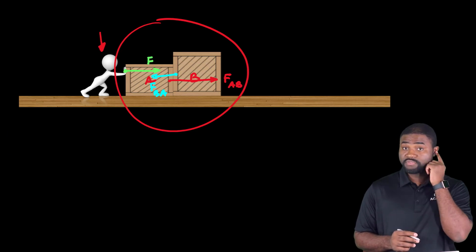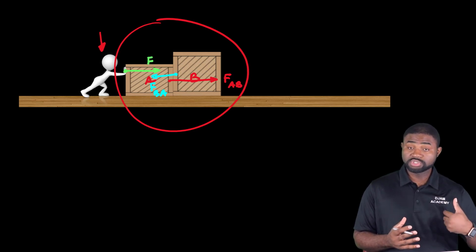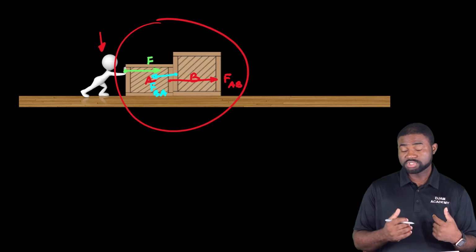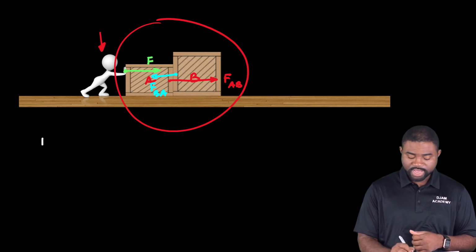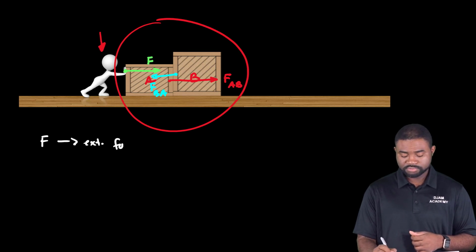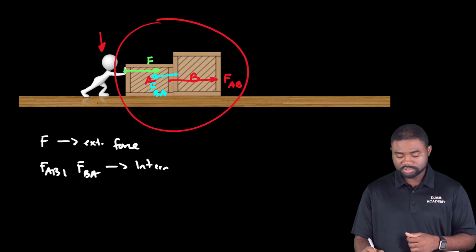So the question I have for you is, which of these forces constitute external forces and which of these forces constitute internal forces? Now F represents an external force. FAB as well as FBA constitute what we call internal forces.